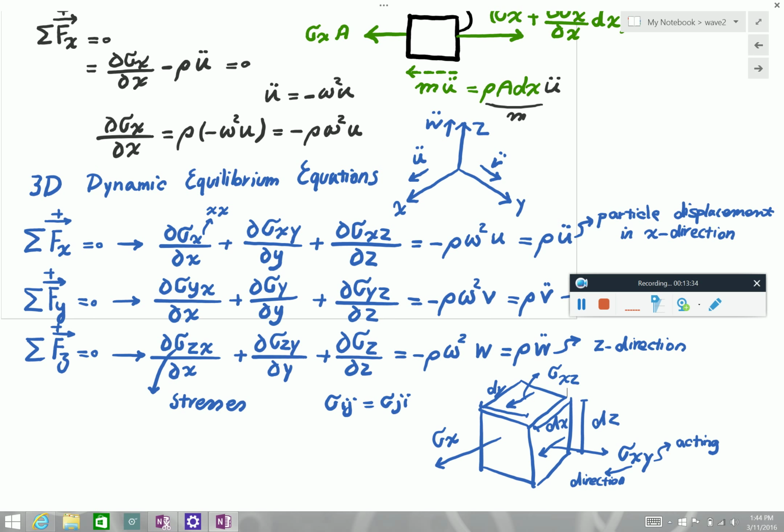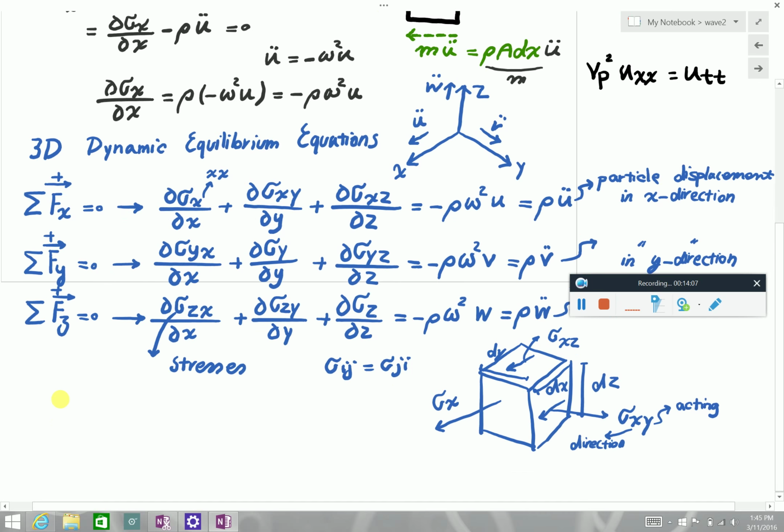In the one-dimensional case, you may remember that what we got was Vp squared times the second derivative of u with respect to x equal to the second derivative of u with respect to t. So we don't see any stress here. Our goal here is the same. We have to get rid of stress, and for that we have to go step by step.